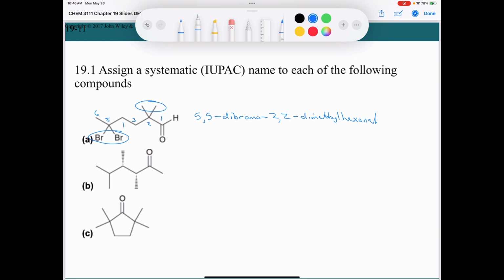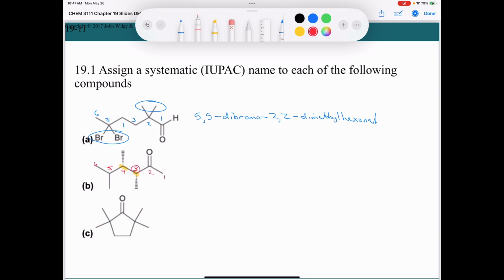The next one, we have 2 stereocenters in this one. I'll highlight them here in yellow. They're both R. I went and looked at them ahead of time, and they both have the R stereochemical configuration. So this one's a ketone. If we number, giving the carbonyl the lowest possible number, which would be 2, 1, 2, 3, 4, 5, 6.